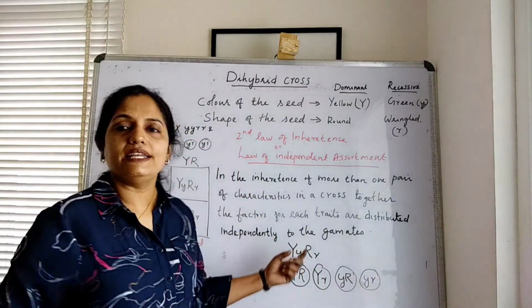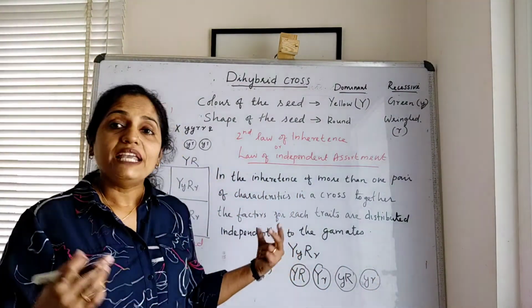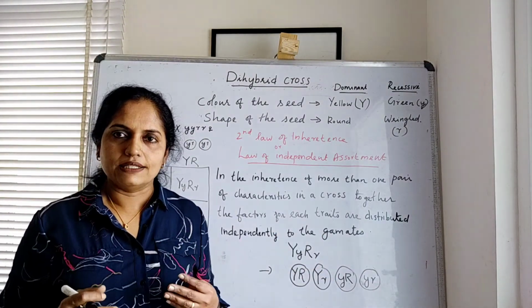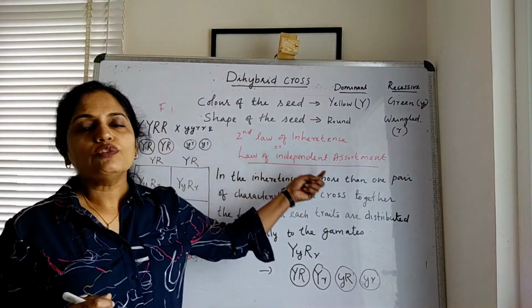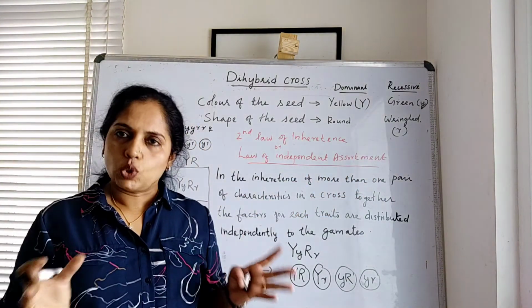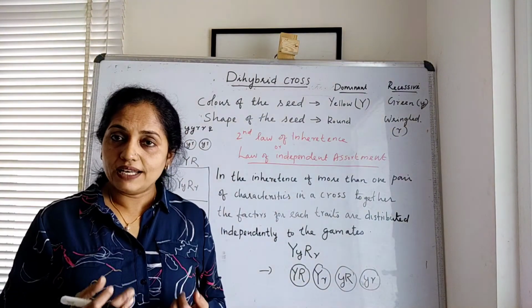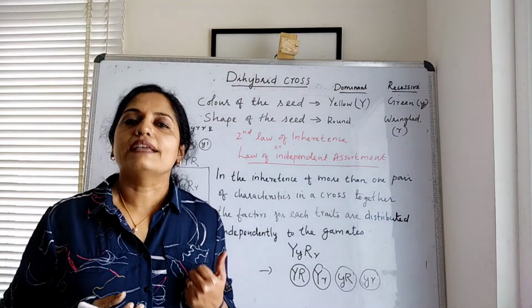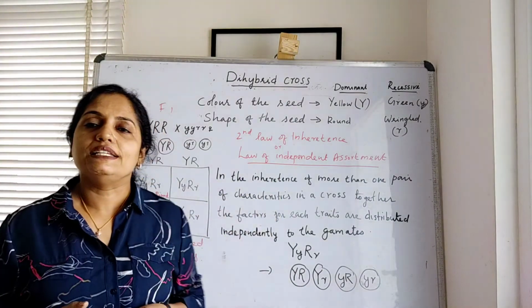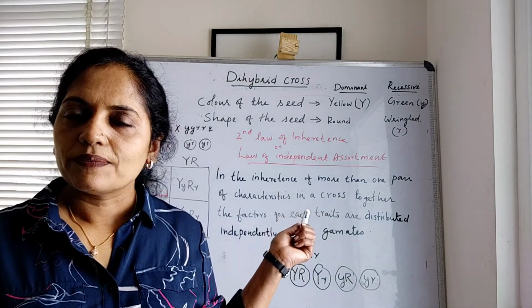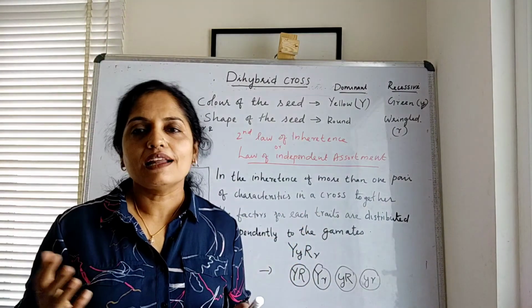So these variants are behaving independently while forming the gametes. That law is called law of independent assortment. These variants are assorted independently while the plants are producing their gametes. This is all about dihybrid cross and law of independent assortment.